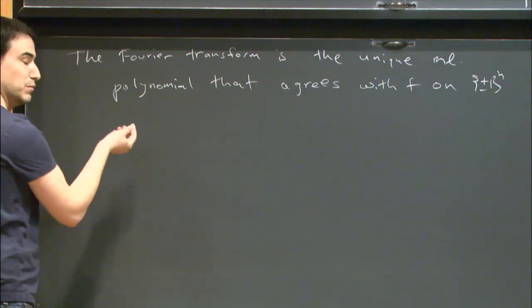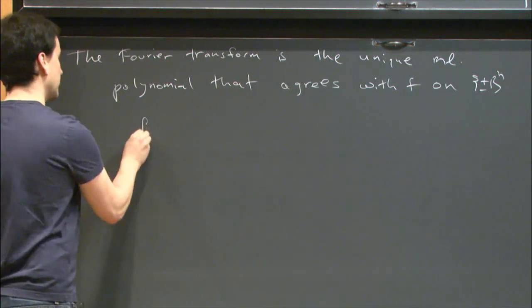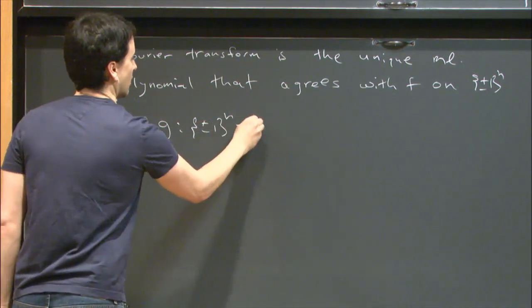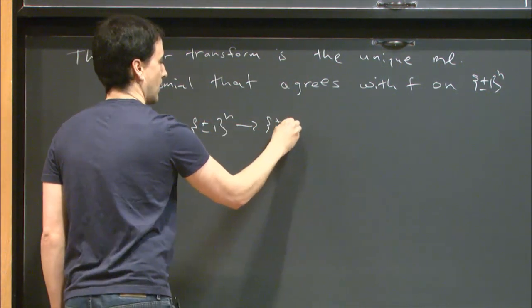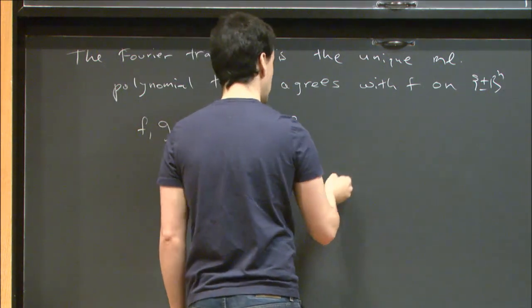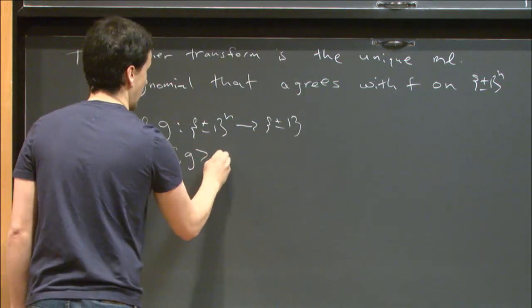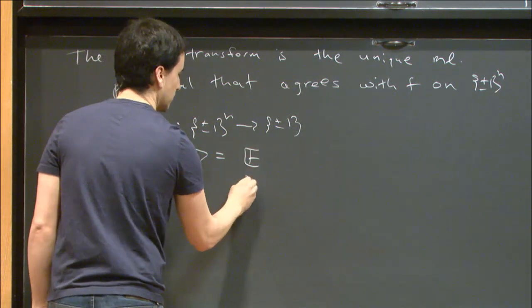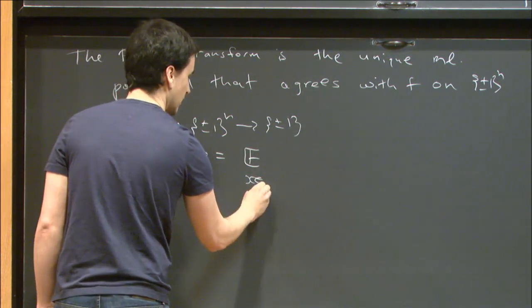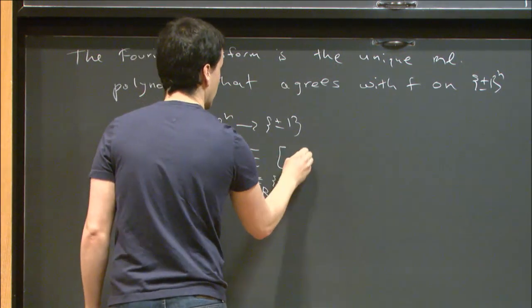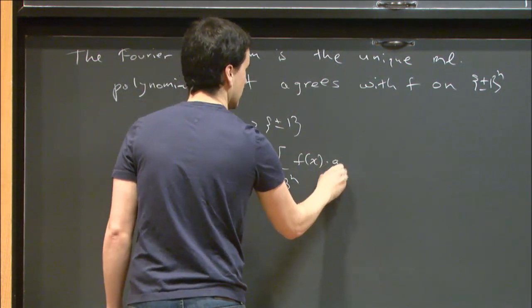An inner product between Boolean functions. For f and g, both Boolean functions, we take the inner product to be the expectation over all inputs, taking a uniform random x, of f(x) times g(x).